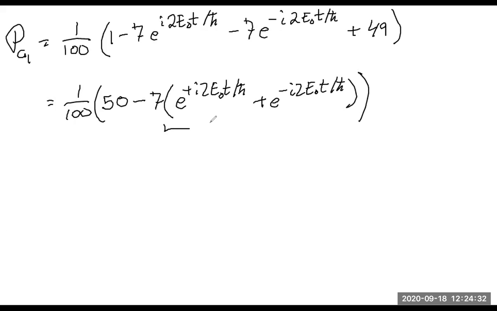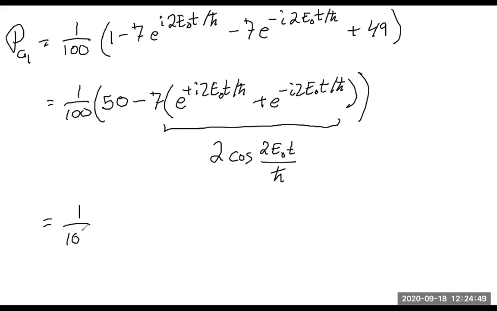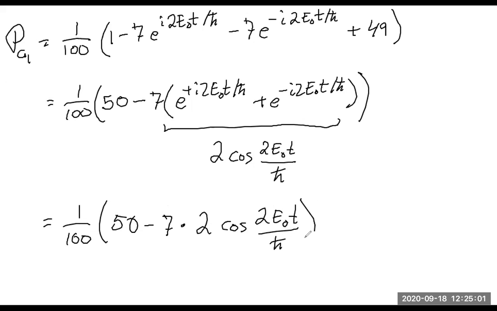Now this term, e to the i stuff plus e to the minus i stuff, is 2 times the cosine of the stuff, 2 E naught t over h bar. So this then becomes 1 over 100 times 50 minus 7 times 2 times the cosine of 2 E naught t over h bar.